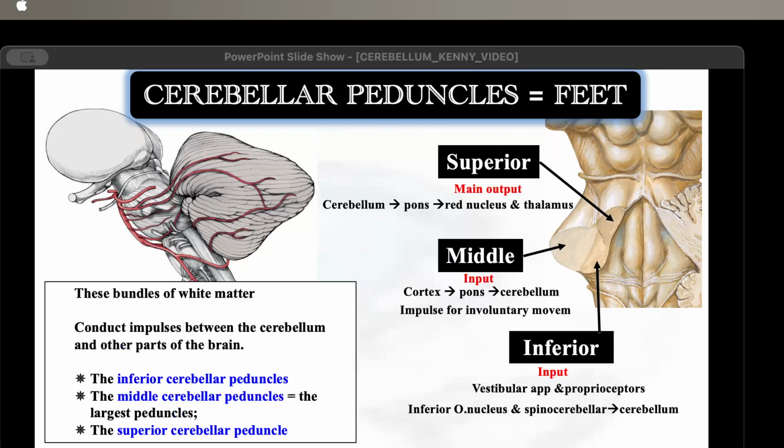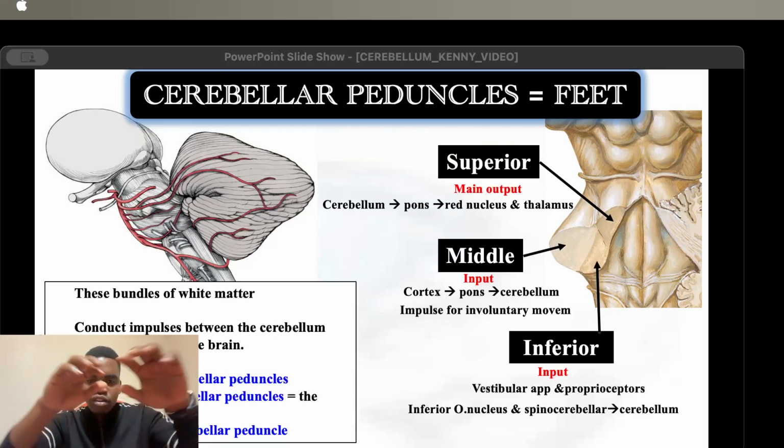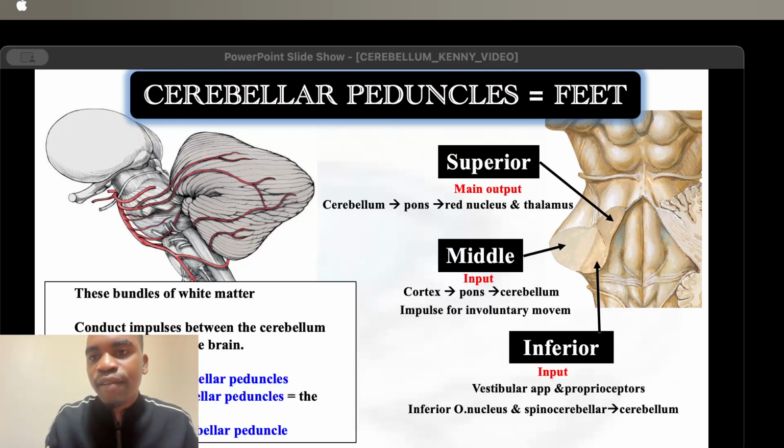This means if you want to leave the cerebellar system, if you want to move out of the cerebellum, away from the cerebellum, you will always need to have this superior cerebellar peduncle intact.